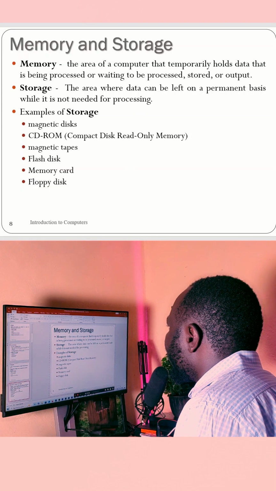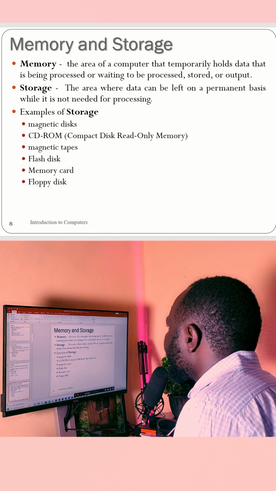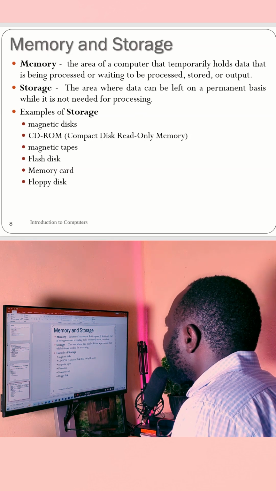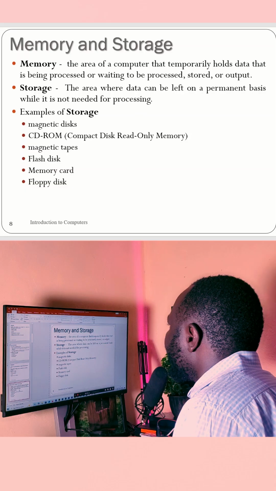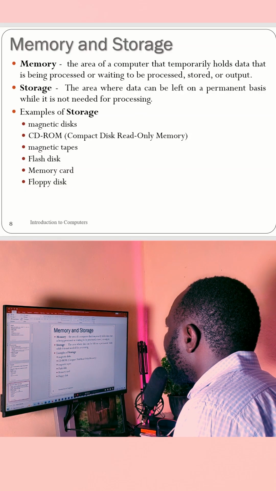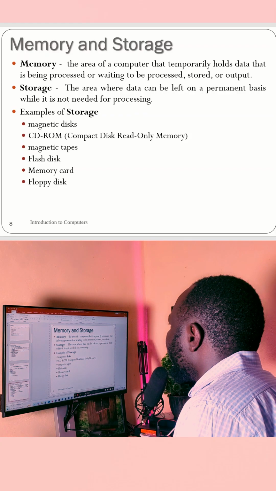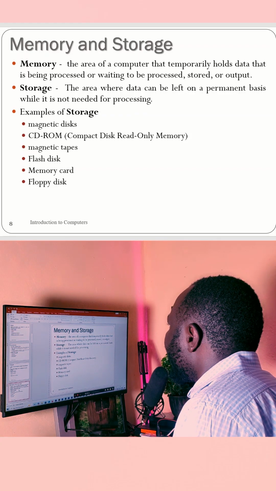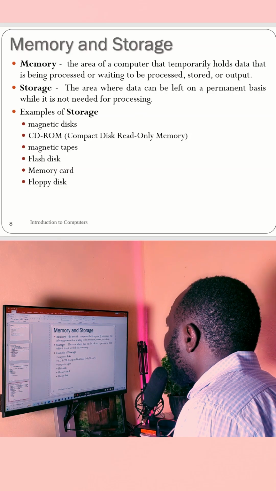Now, don't get me wrong. You're going to open your computer and check, there's no RAM, and your computer is working, and you're like, the teacher lied to us. How come my computer works without the RAM? There are some computers whereby the RAM chip is embedded on the board. You have two provisions: one which is embedded on the board of your computer, and then an extension slot where you can put another RAM.